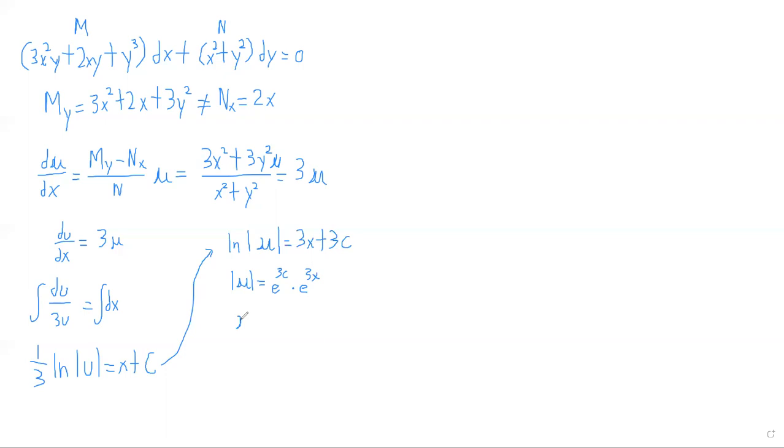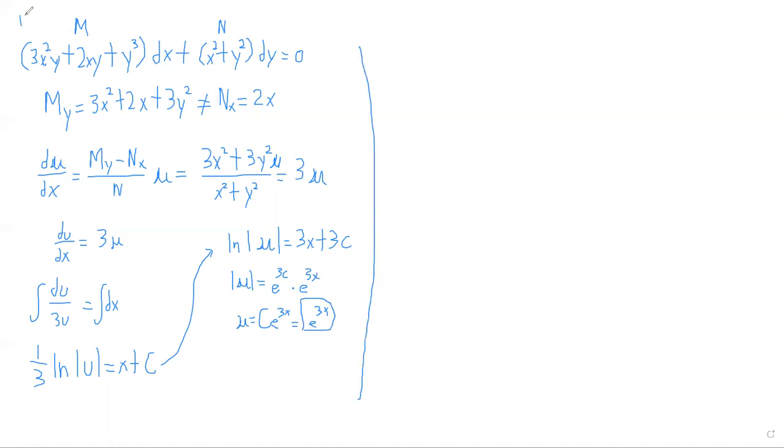So it's pretty obvious that mu is C e to the 3x, because plus or minus e to the power of 3c is just still a constant C. Since it could be any C, let's just call it e to the 3x. So that's our factor that's going to make the equation exact.